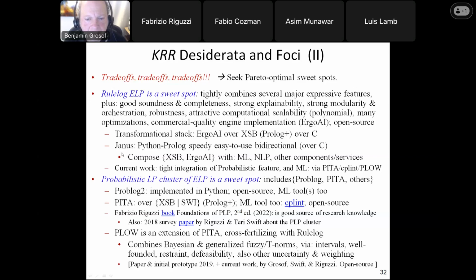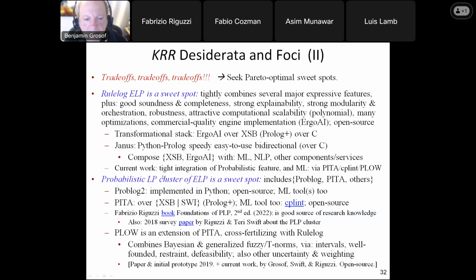There's this speedy, easy to use bidirectional bridge, so you can compose XSB or its superset Ergo AI on top of it with machine learning, with NLP or other components and services. So many of the AI components that are state-of-the-art today are in Python. So this is a really major strength of this group.